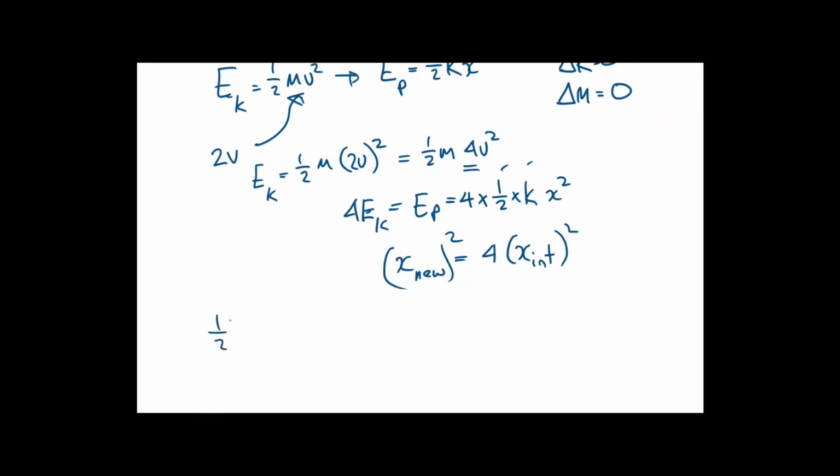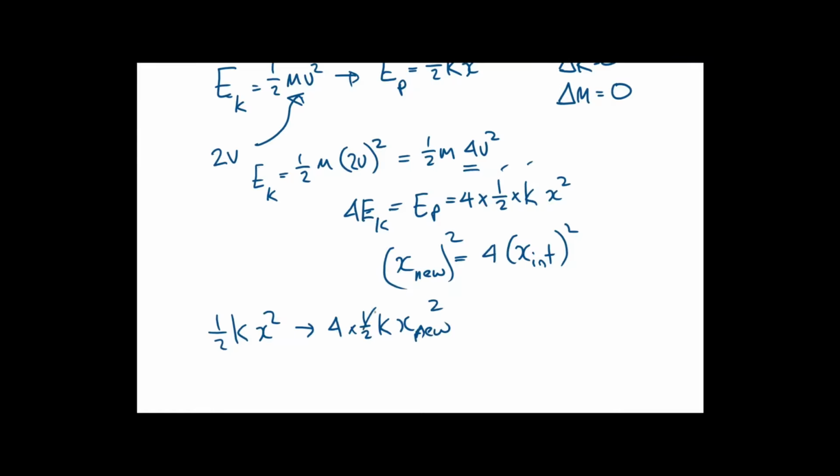So half k x squared, compare that to 4 times half k, new x, we'll call it x f, squared.